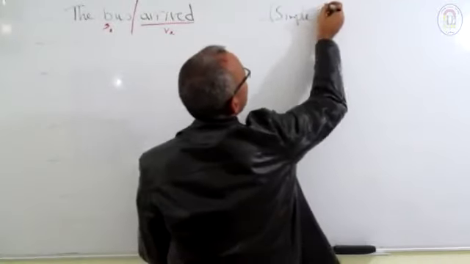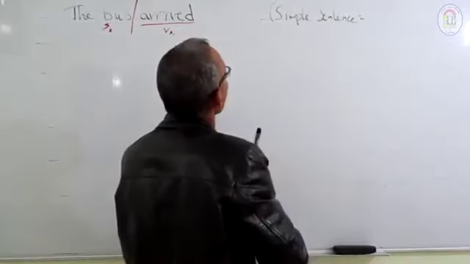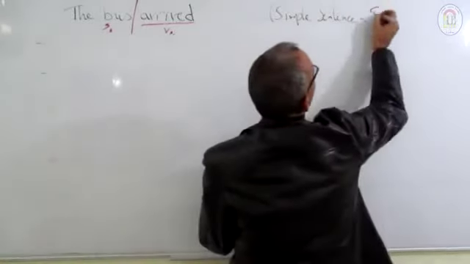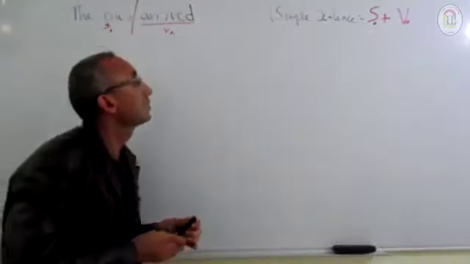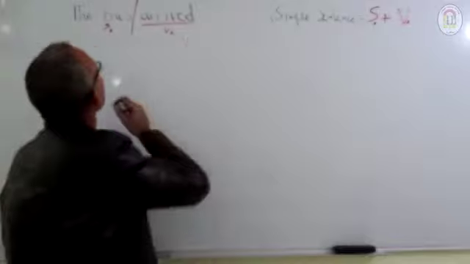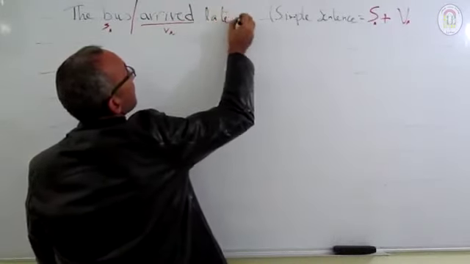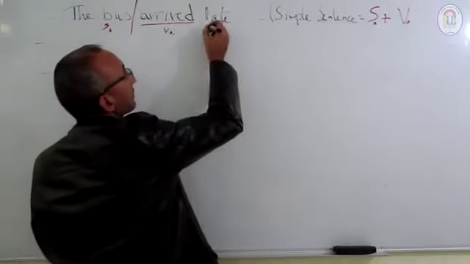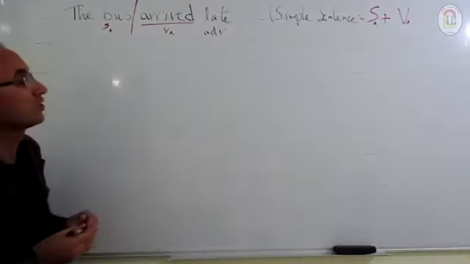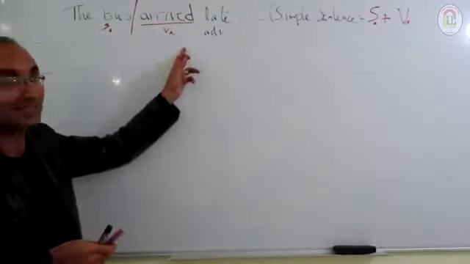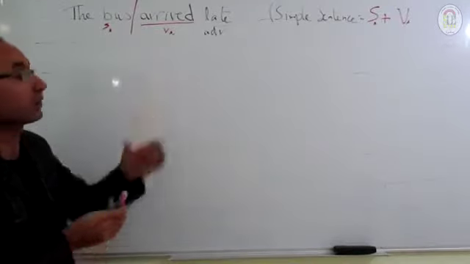Simple sentence equals what? 1S plus 1V. Good. Now if I add, for example, arrived late. Late is an adverb. Now here, does the type change or not? Of course not. Because here we always consider what?